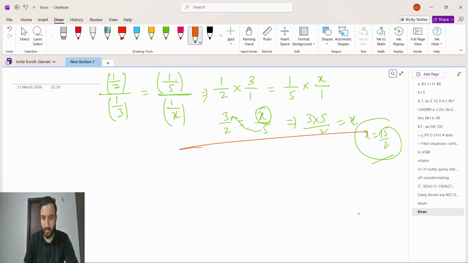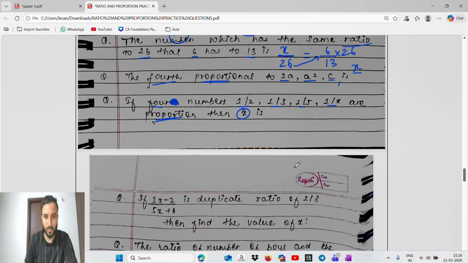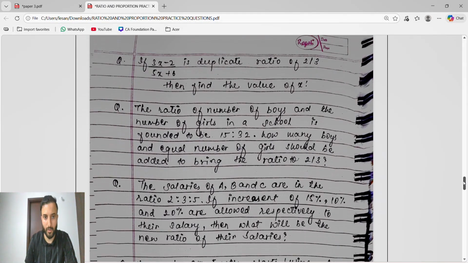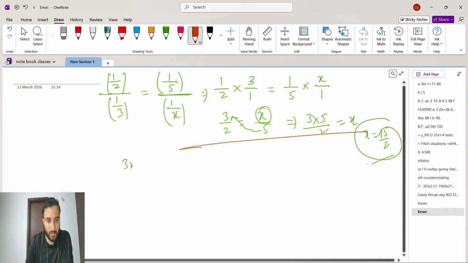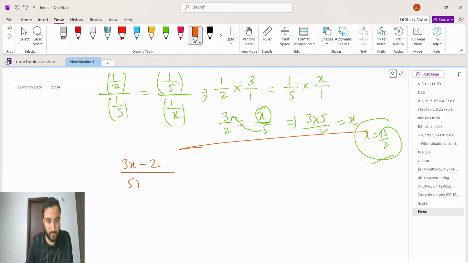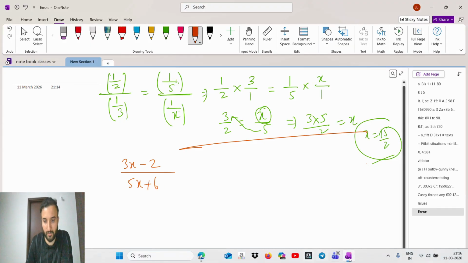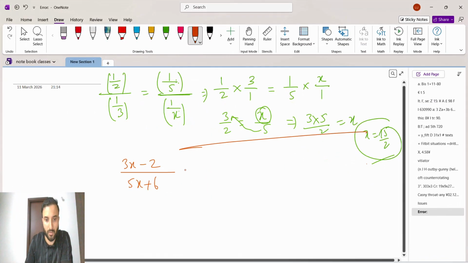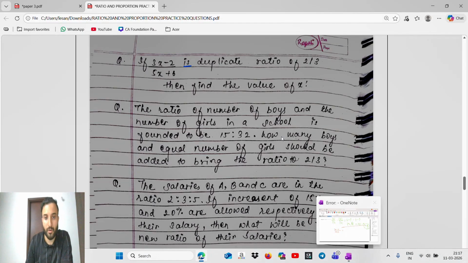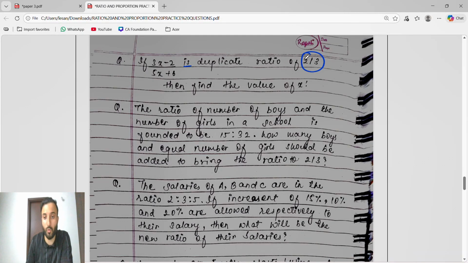Okay now guys, next, if 3x minus 2 by 5x plus 6 is a duplicate ratio, so we'll write 3x minus 2 divided by 5x plus 6 equals the duplicate ratio of 2 by 3.